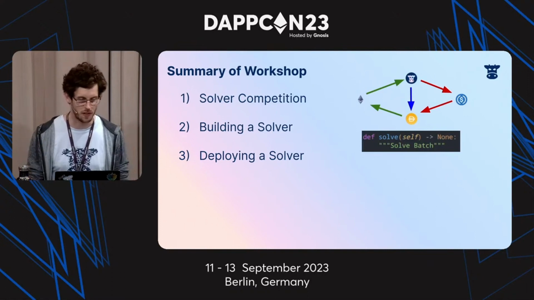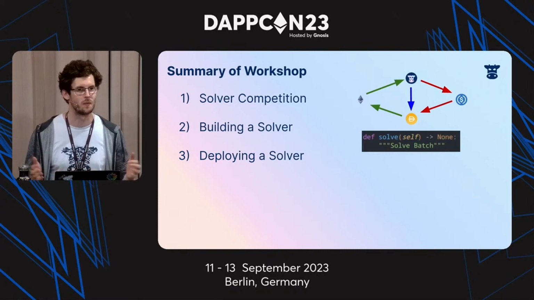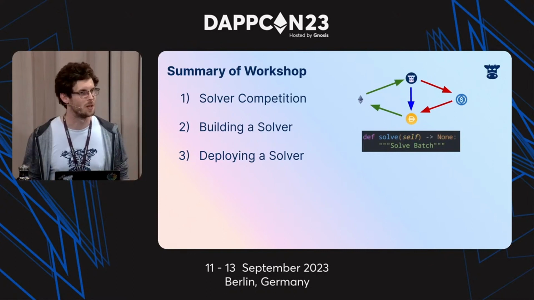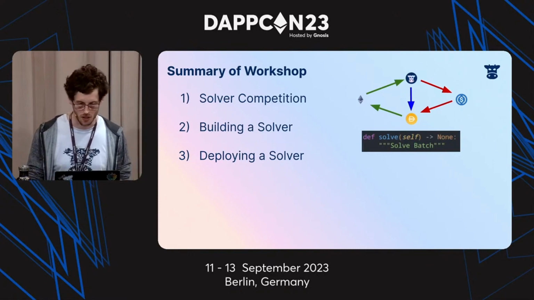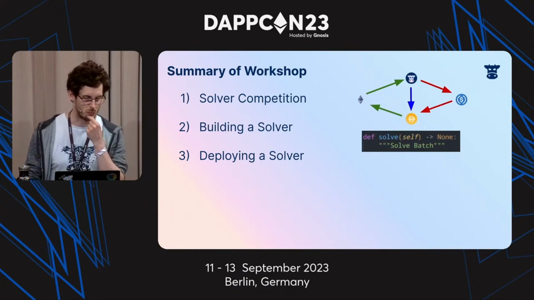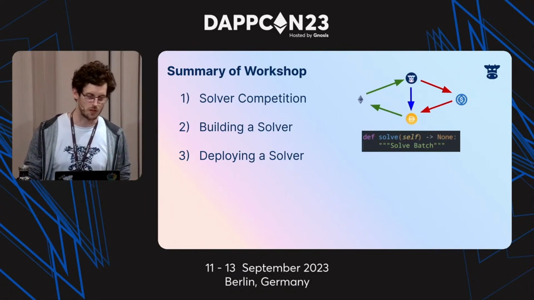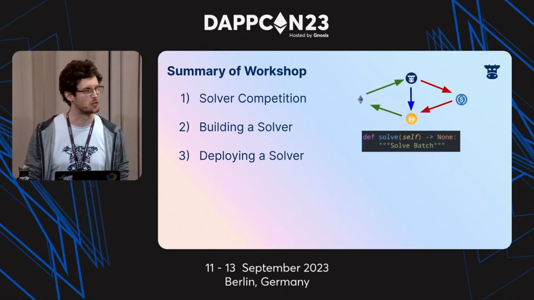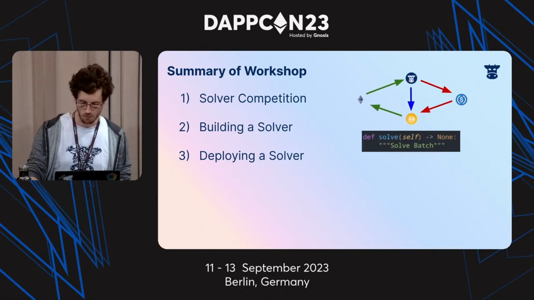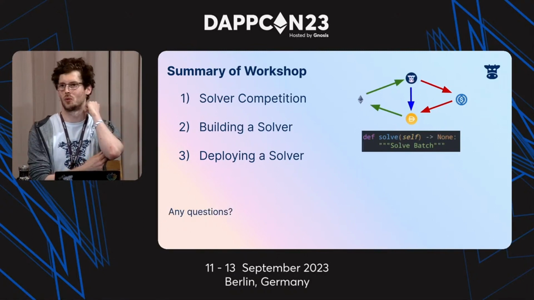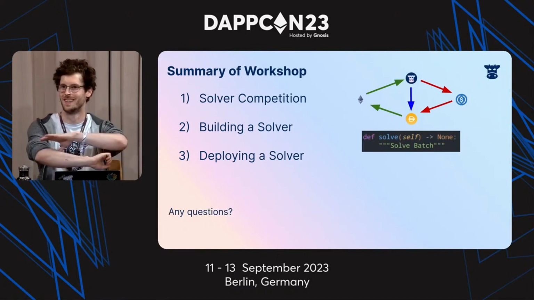But what you put in there is somehow the magic, and that can give you a competitive advantage. And then I also talked about what the additional steps are to actually deploy your solver in production. And now we have a few minutes for questions.